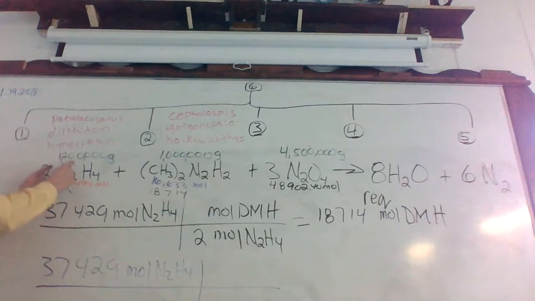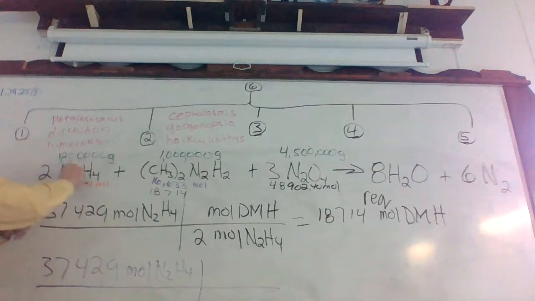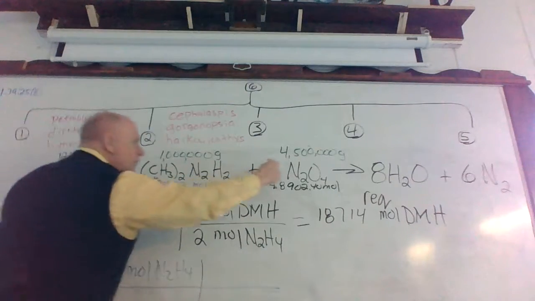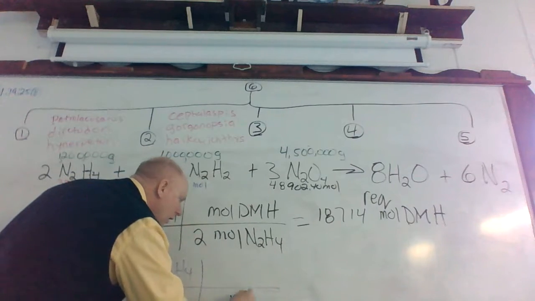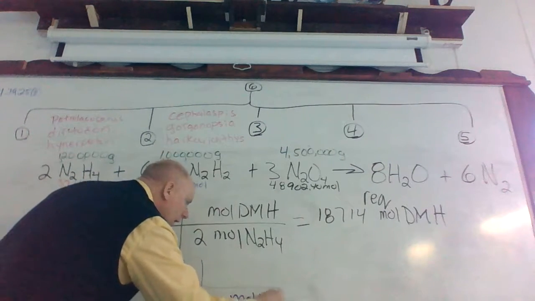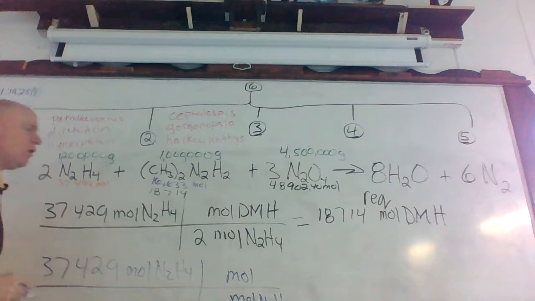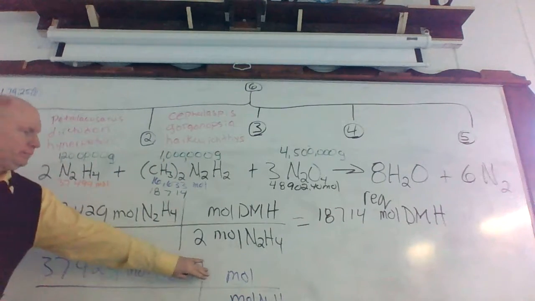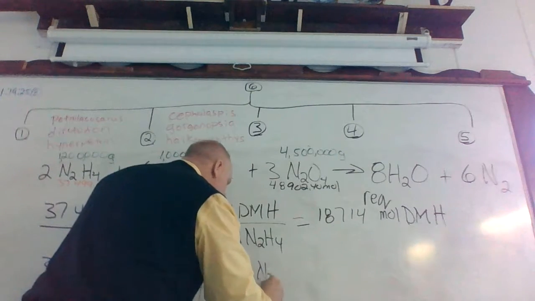So notice we converted this substance to this one. Now we're going to convert this substance to this one. So this is still the same, mole of N2H4. So what's going to go on top now? N2O4. Okay?